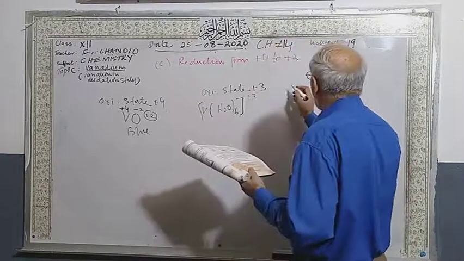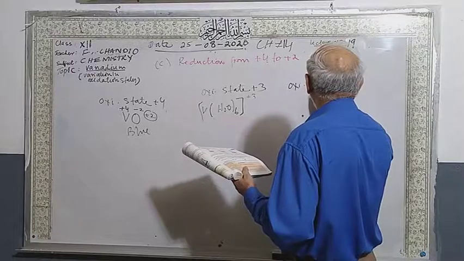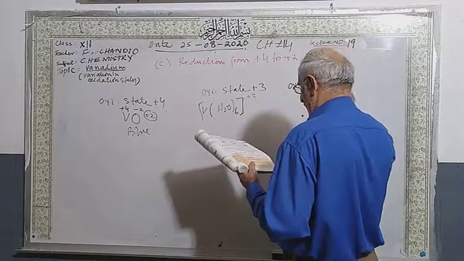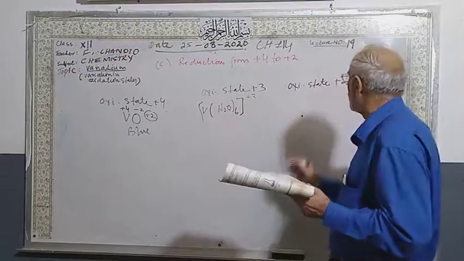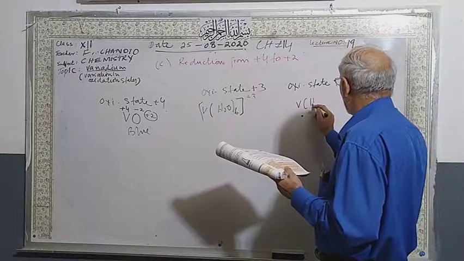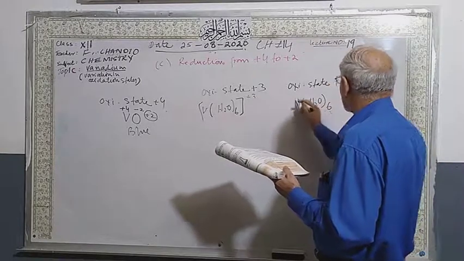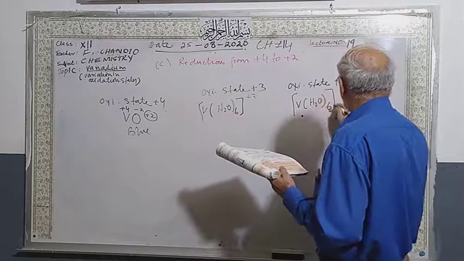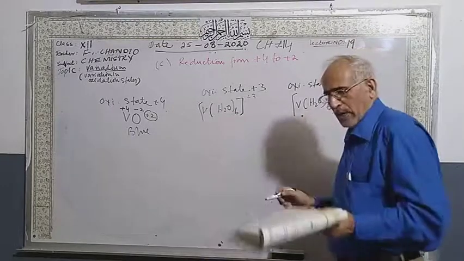Now in the last one, number 3, the oxidation state is plus 2. So for vanadium, there is water in the small bracket and 6, in the square bracket. Write it down.